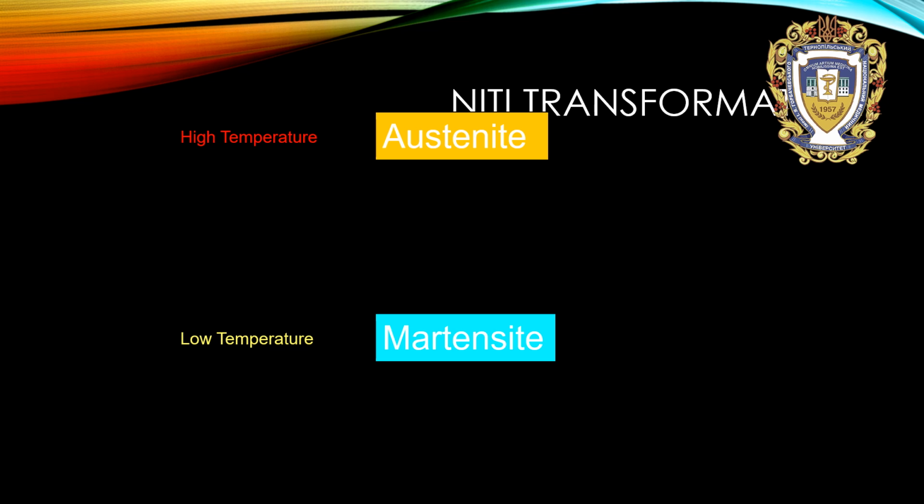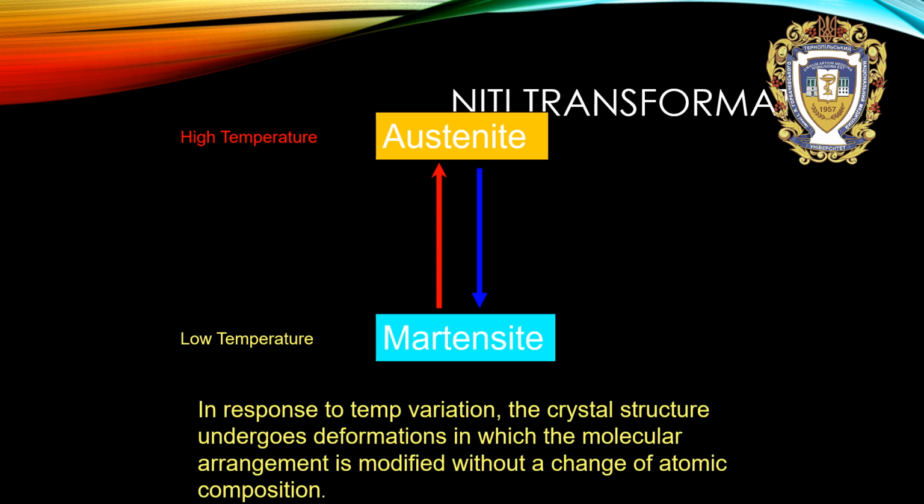Let's see again the nitinol transformation. High temperature: austenite. Low temperature: martensite. Martensite becomes austenite during heating, but the austenite phase becomes martensite during decreased temperature.